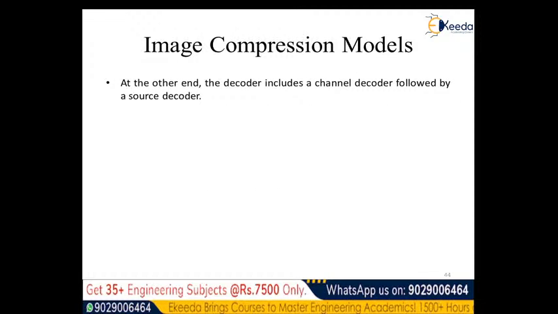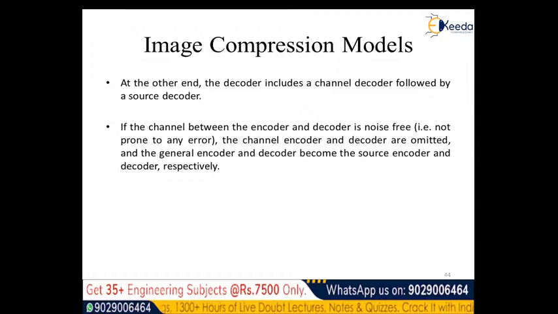So if the channel between the encoder and decoder is noise free, the channel encoder and decoder are omitted. It will be simply the source encoder and source decoder that will constitute the complete image compression system. Now we shall have more details with respect to the exact source encoder and the source decoder.